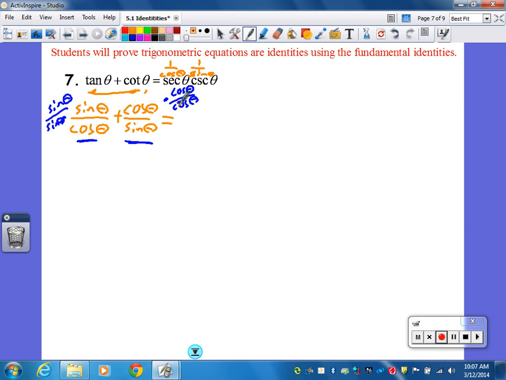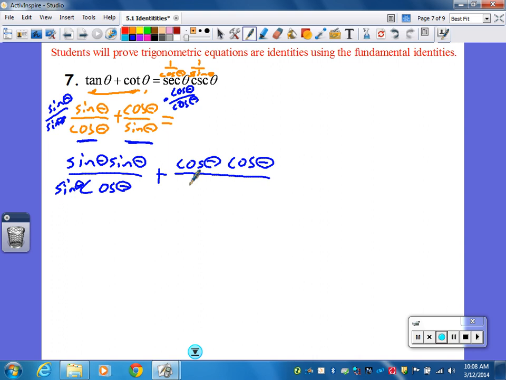So now we have sine theta times sine theta over cosine theta plus cosine, oh, I forgot the sine theta. So I have cosine theta times cosine theta all over sine theta times cosine theta. Okay, now you're thinking, we're getting bigger, we're not getting smaller here. That's okay. Remember, now that we have common denominators we can add.